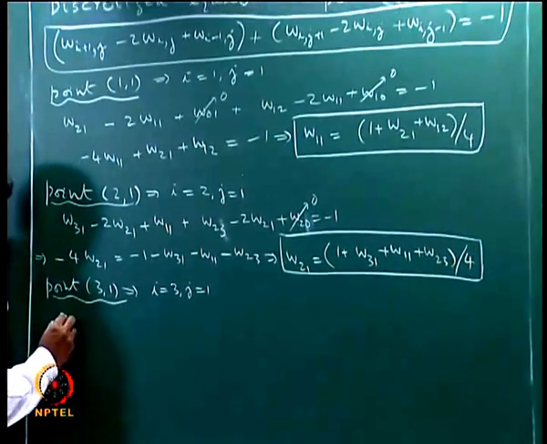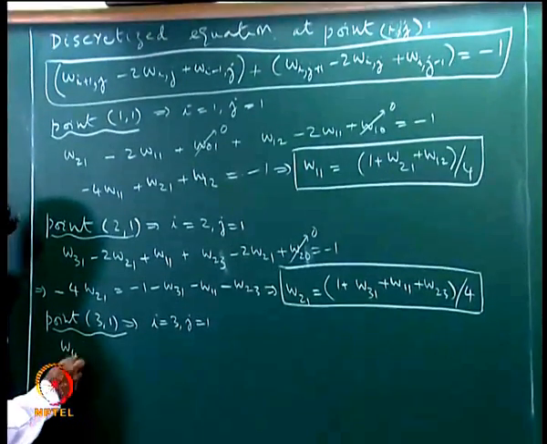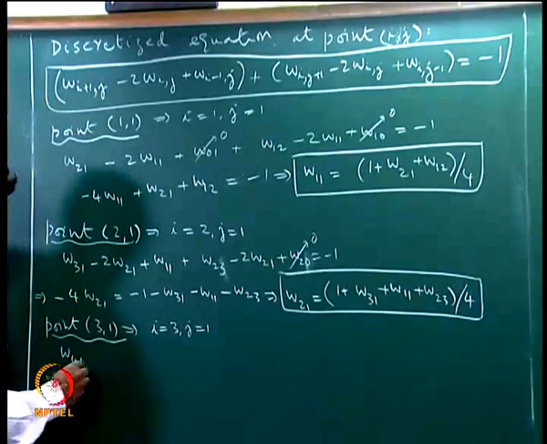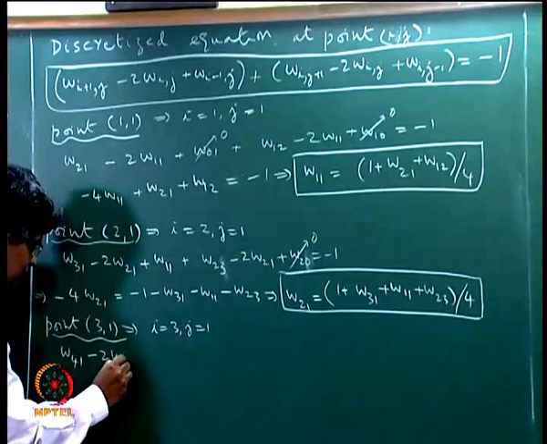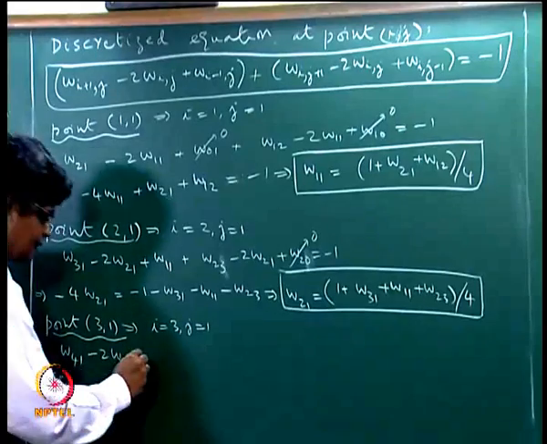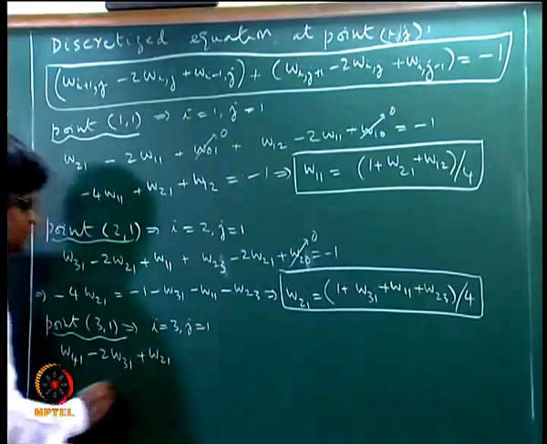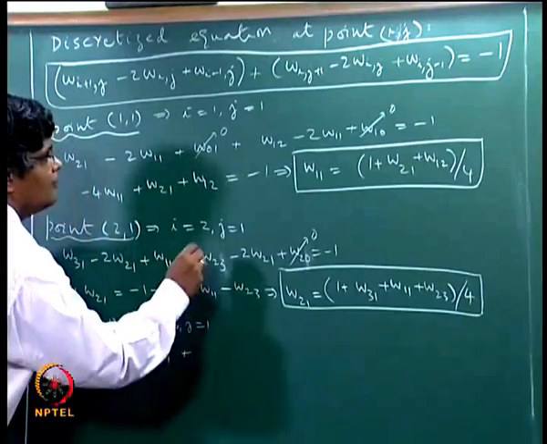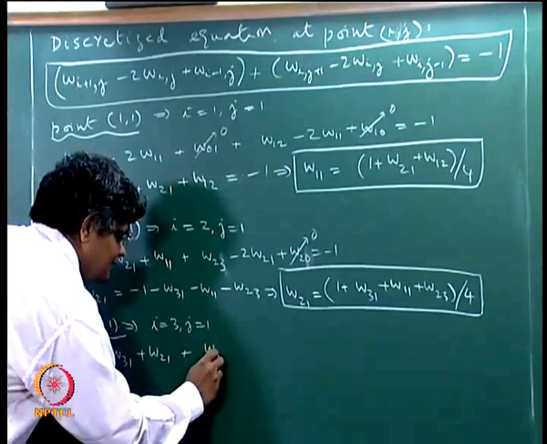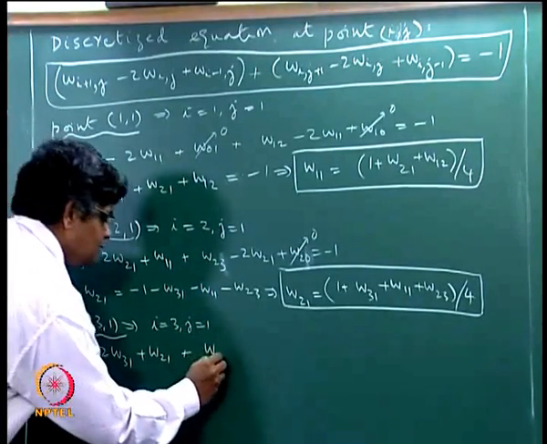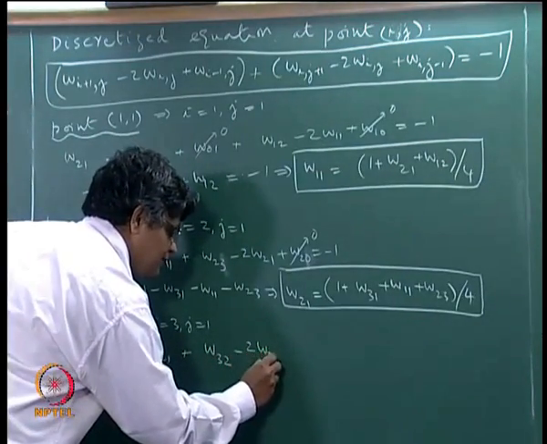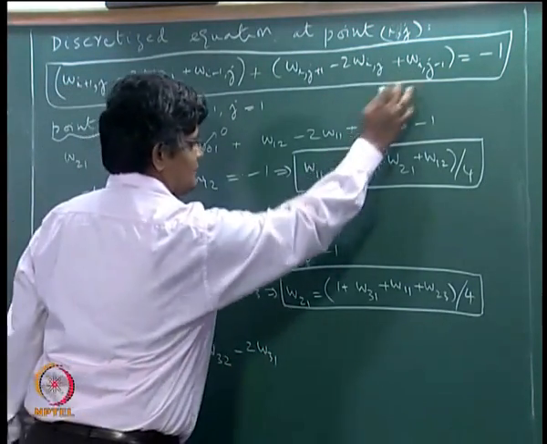So W41 minus 2W31 plus W21 plus W32 minus 2W31 and this is W30.